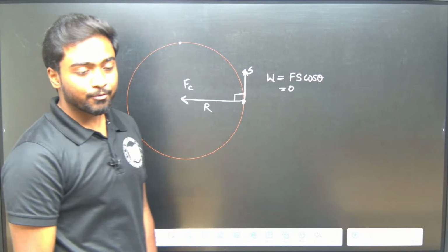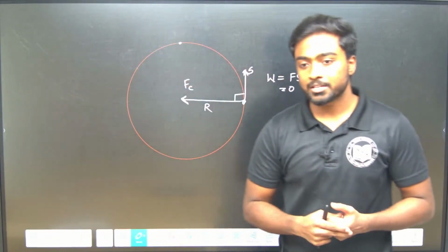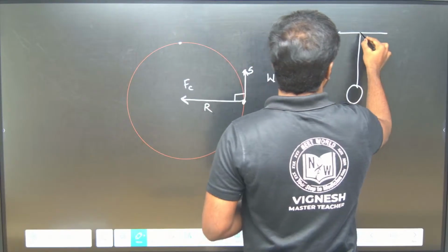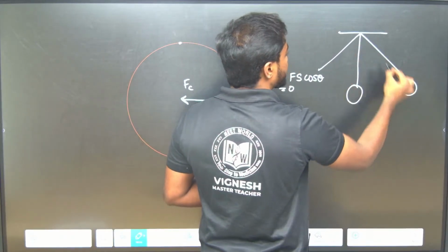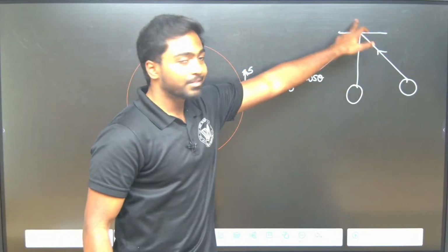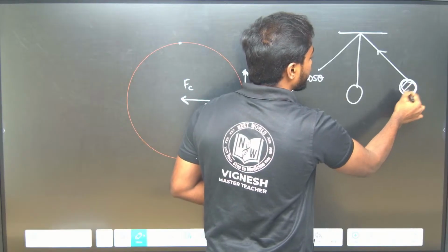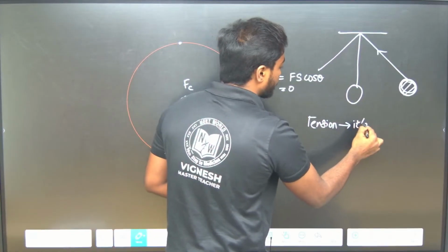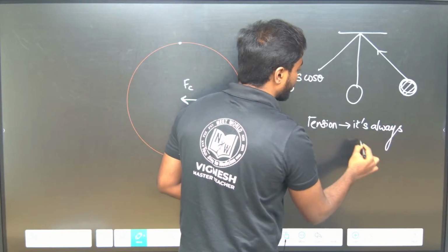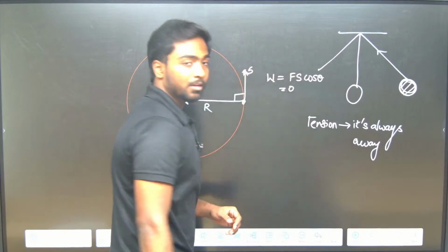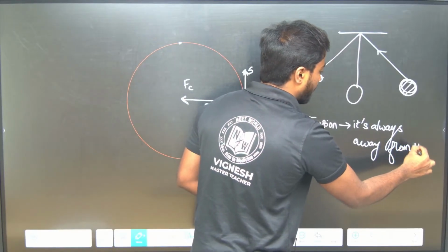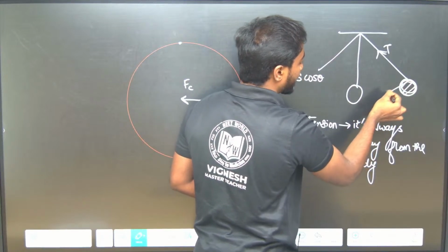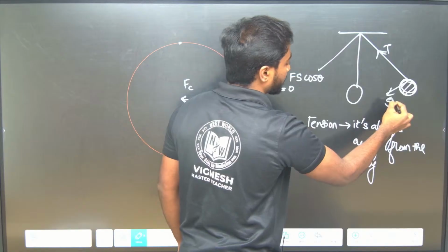The same case applies to the oscillation of a pendulum, with its to-and-fro motion. Tension is always directed away from the body, towards this end, and the displacement S or x is in this direction.